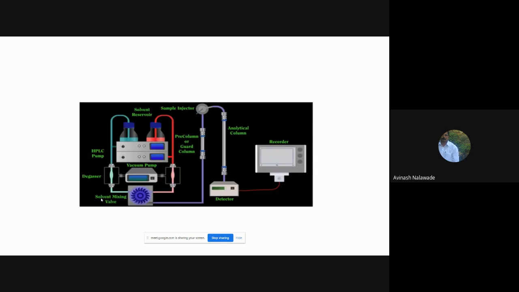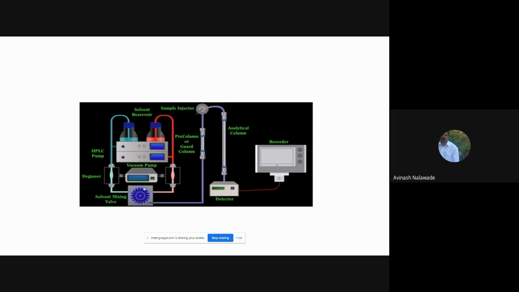Okay. Now if we are seeing this figure, on the upside here we are seeing the solvent reservoirs. Then see here this vacuum pump is there. So what is the function of the vacuum pump? The function of the vacuum pump is actually to mix one.